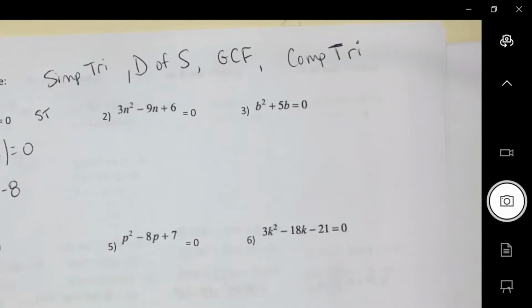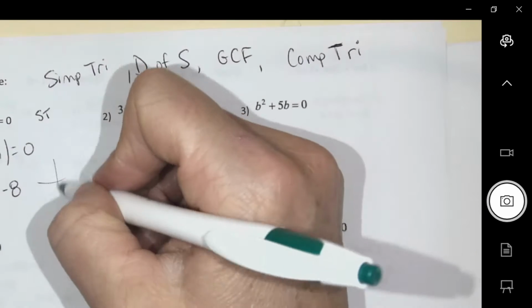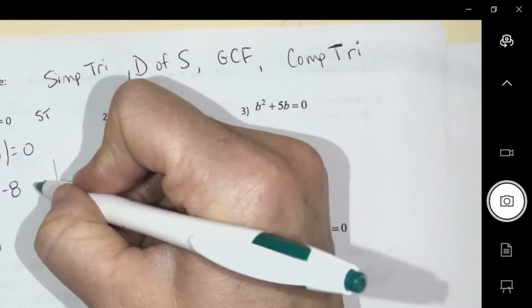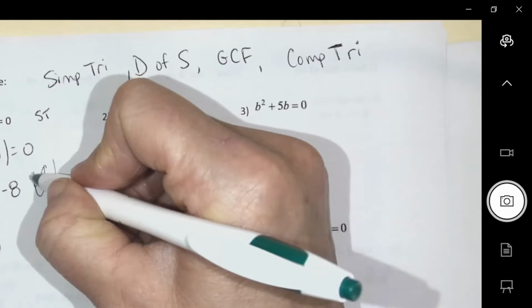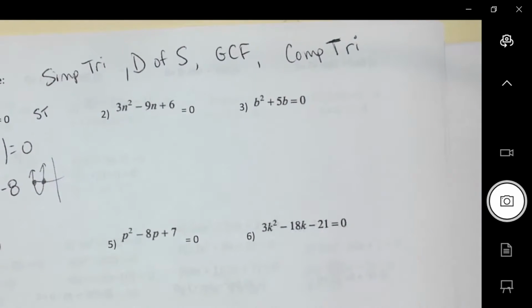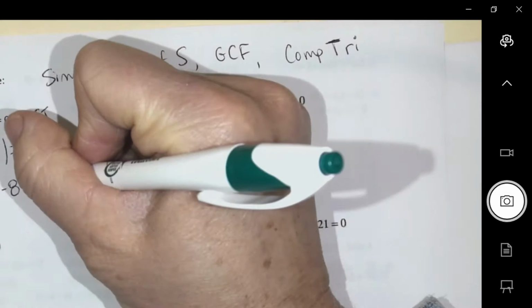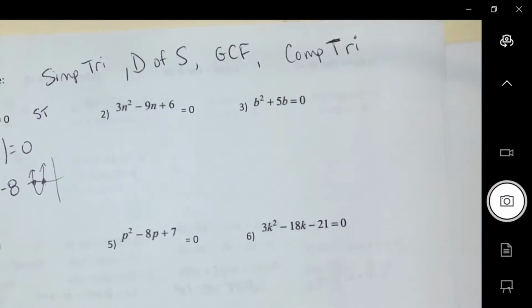In this one, I guess it's your p-intercepts. Okay. Are we noticing that if we were to graph this on our calculator, what would happen? Okay, we would be intersecting at -6 and -8.